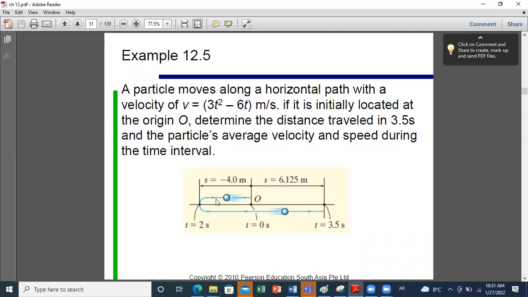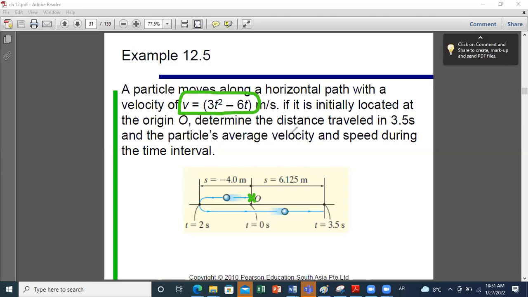If it's initially located at the origin O, determine the distance traveled in 3.5 seconds and the particle's average velocity and speed during the time interval. So I have v as a function of time given, and I know the initial position of my particle. My particle starts motion from the origin of my frame.